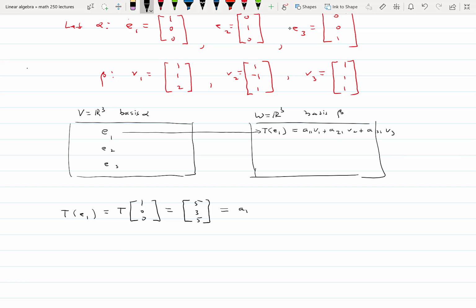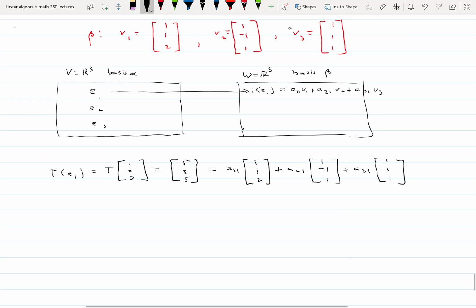But we need double subscript because we're dealing with E1. So it's A11 times the first basis vector, 1, 1, 2, plus A21 times 1, -1, 1, plus A31 times 1, 1, 1. And we do that for E2 and E3.